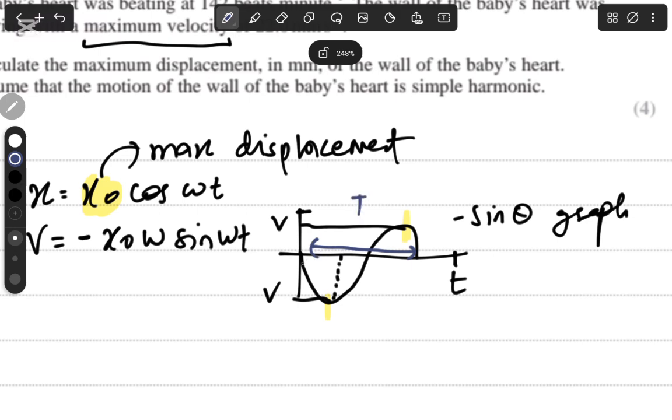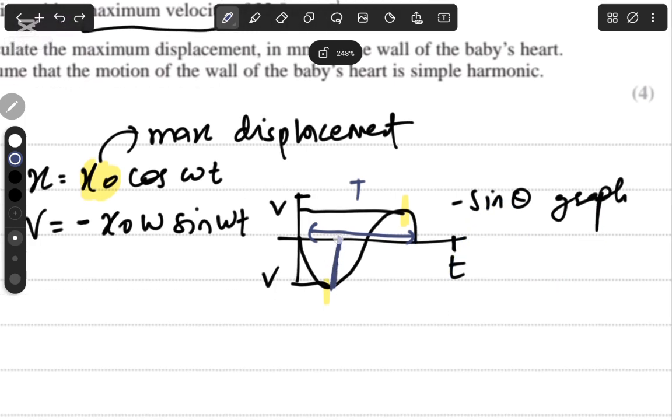We are seeing one cycle, then we have another cycle, then another cycle. So this is time period T, and T by 4 is where the maximum will occur.